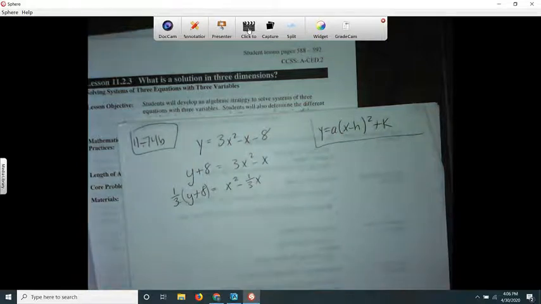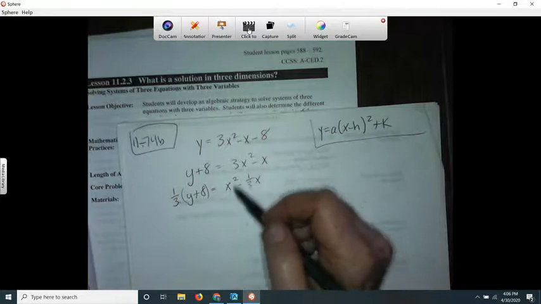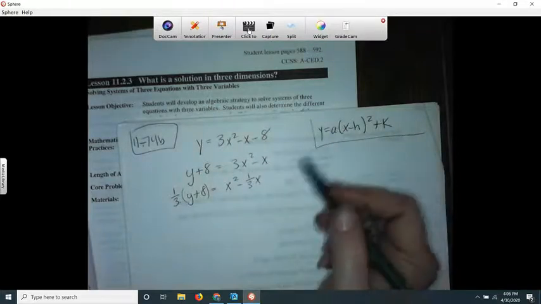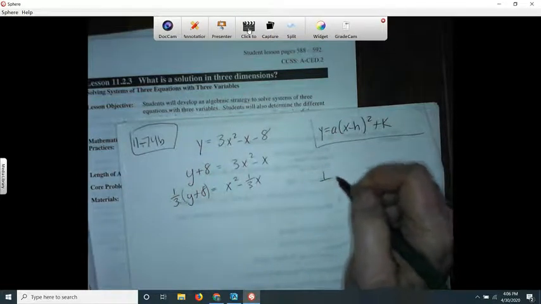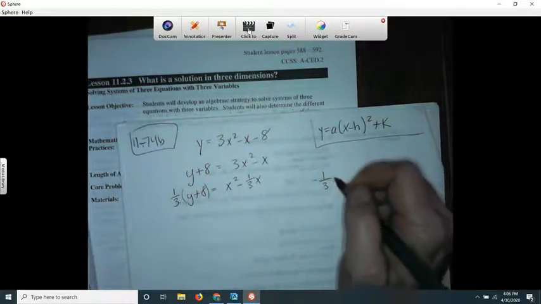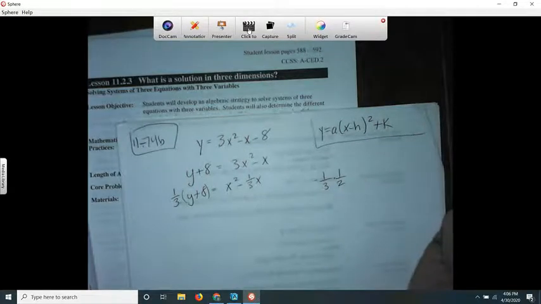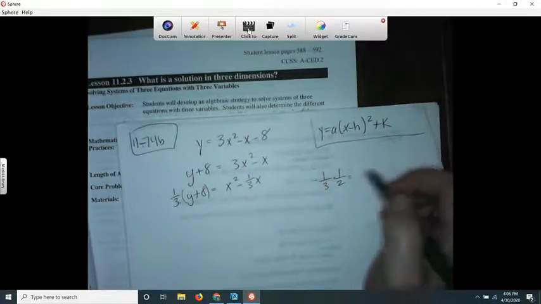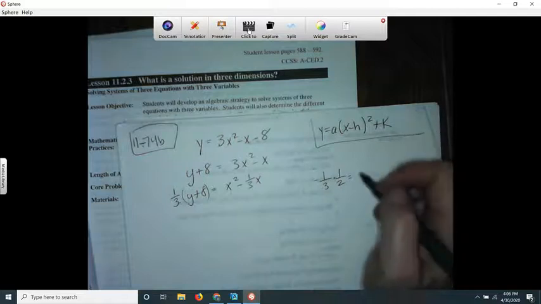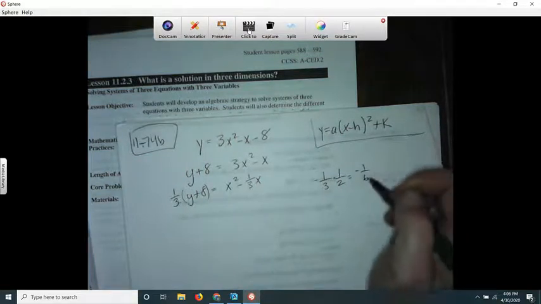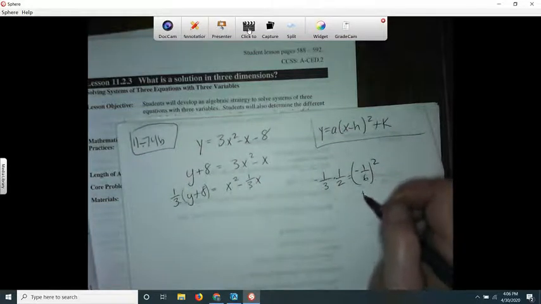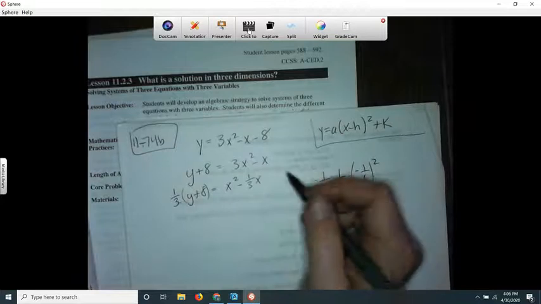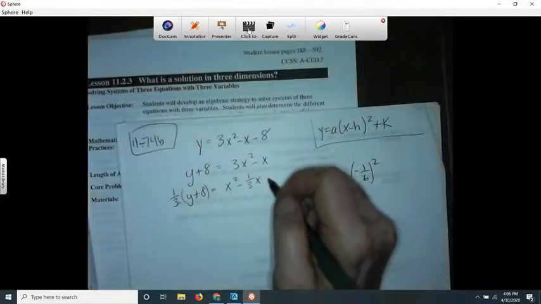When I'm completing the square, I take half of the coefficient of the x and square it and add that to both sides. So what is half of negative 1/3? I can multiply it by a half, and that gives me negative 1/6, and then I have to square it. That's 1/36. So I'm going to add 1/36 to both sides.